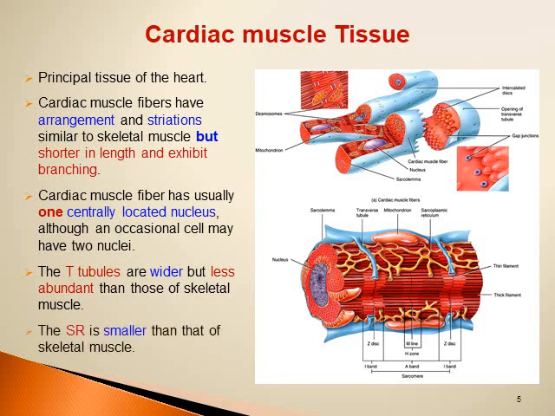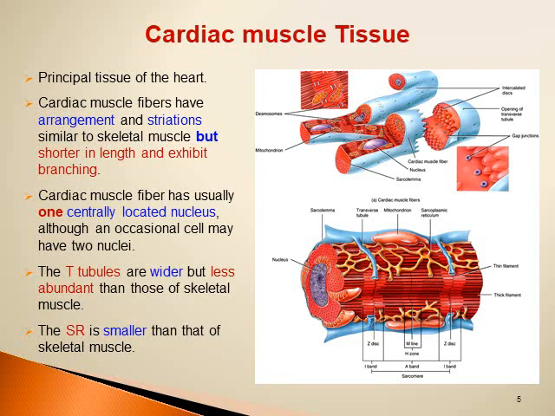The sarcoplasmic reticulum that contains calcium, which is important for contraction in both skeletal muscle fibers and cardiac muscle fibers, is smaller in the cardiac muscle fibers compared to the skeletal muscles. You can see here we have the T-tubules that are invaginations from the cell membrane, and we have the sarcoplasmic reticulum, which is smaller compared to the skeletal muscles.